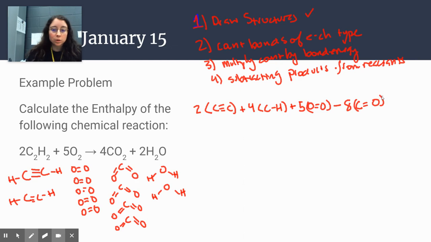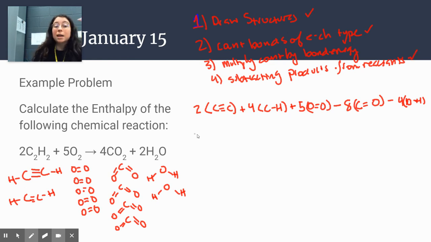Okay. I have it on paper too, and I think I made a mistake now that I'm looking at it. Got to be careful, guys. And then we got to do our hydrogens. It's the same type of bond, so we just need 1, 2, 3, 4 OH bonds.